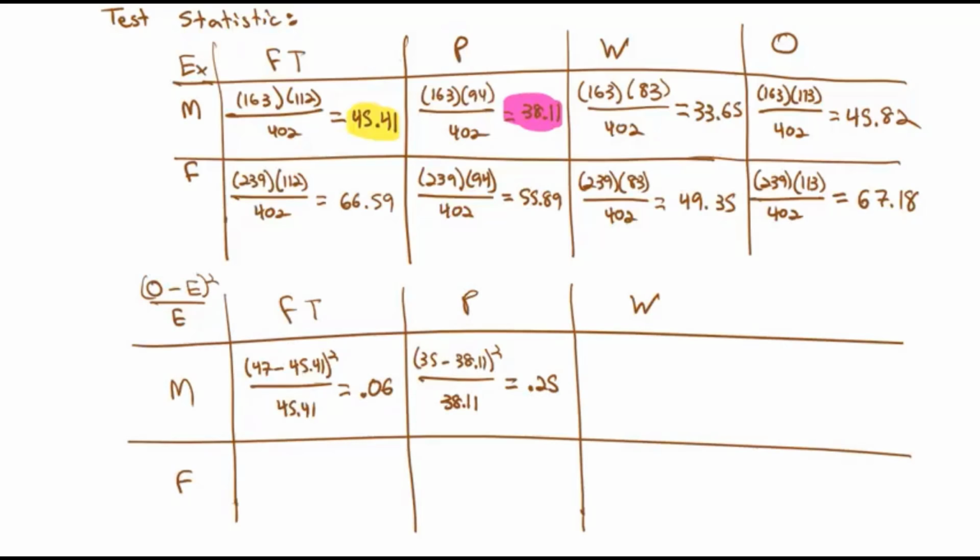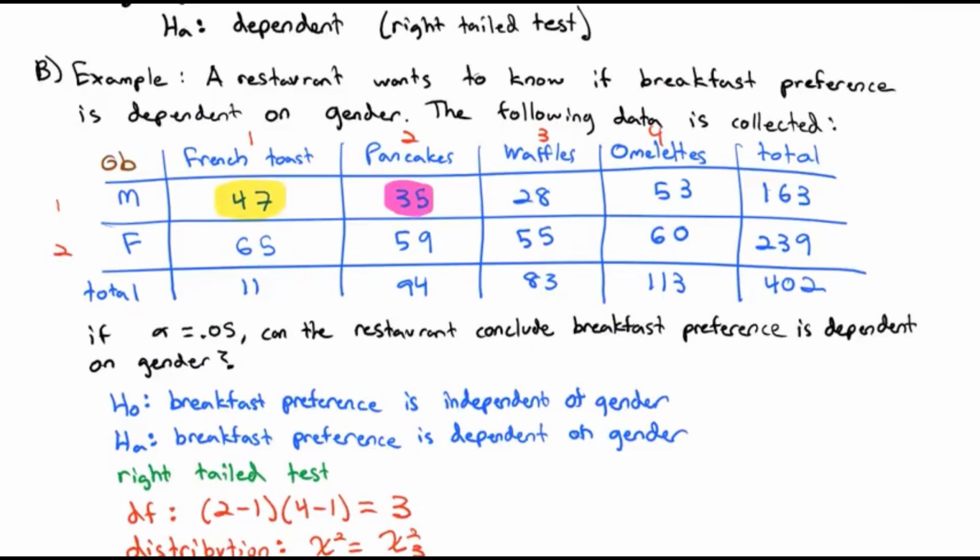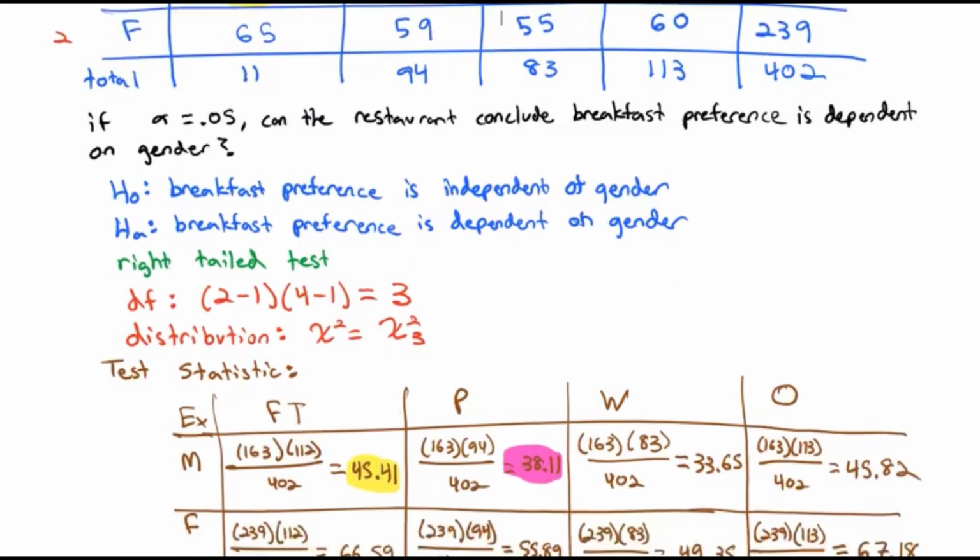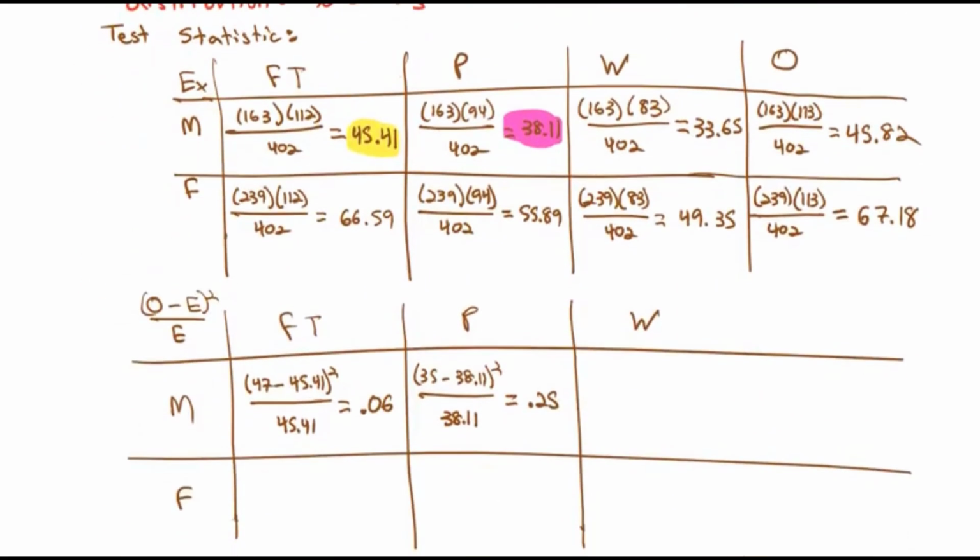Waffles. Same thing. We'll come up here. We observed 28 waffles. We expected 33.65. So we plug that into our formula. 28 minus 33.65 squared divided by the expected value of 33.65, we get 0.95.